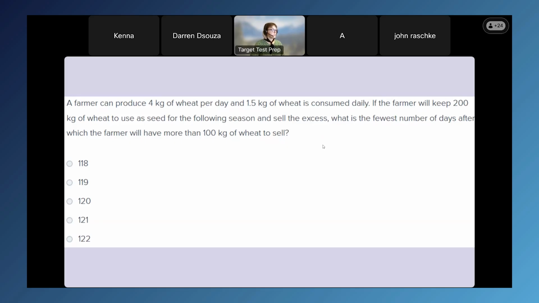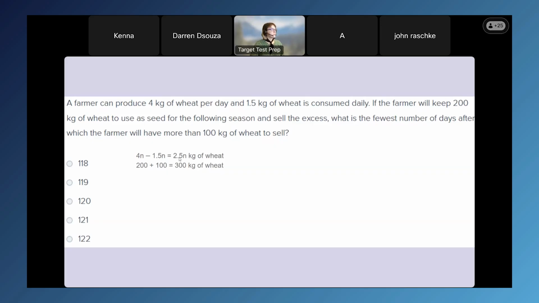So the first thing we need to do is write out the net amount that they are consuming. And the second part is they need 200 next year for seed. And we are trying to look for the fewest number of days after which they will have more than 100 to sell. So I am going to calculate the break-even point at which they would have exactly 100 to sell.